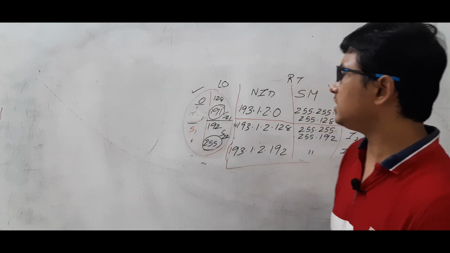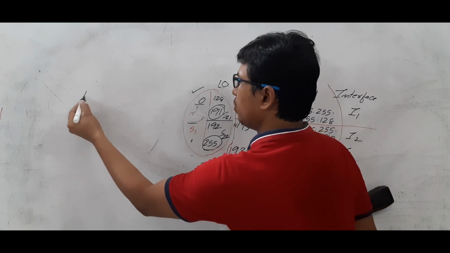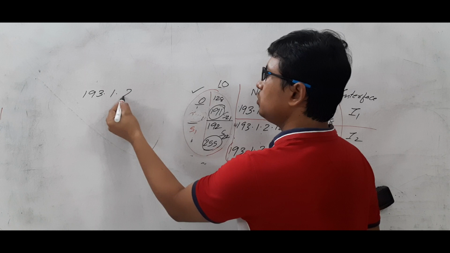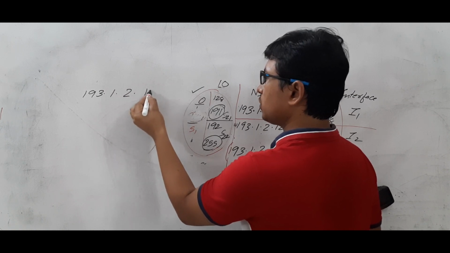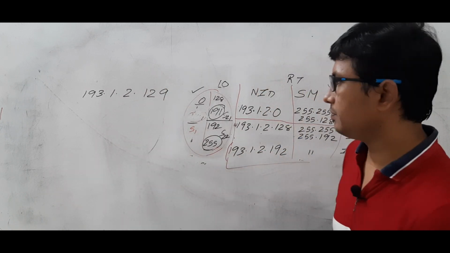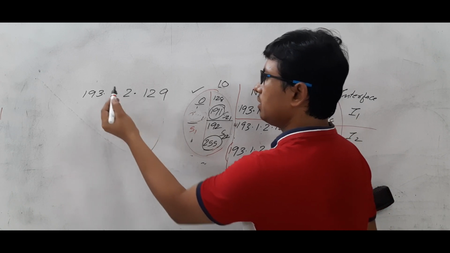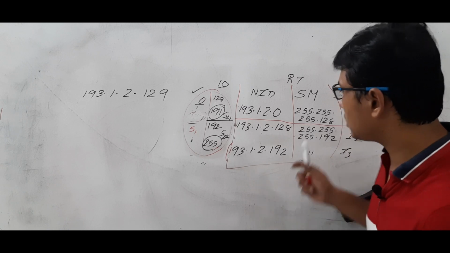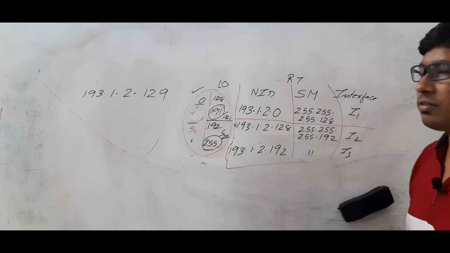Let's take that the destination IP address came as 193.1.2.129. This is the address I got, the destination IP address. The router got this packet. Now what will the router do?